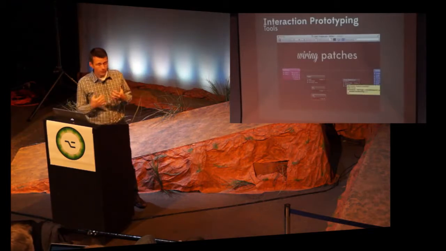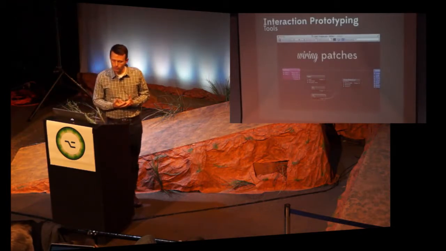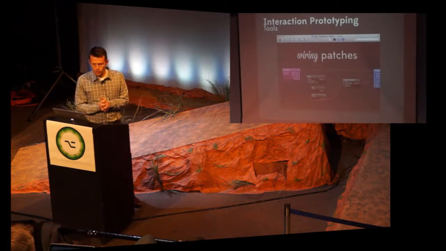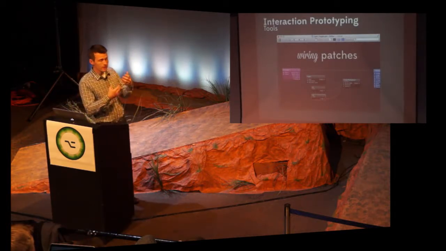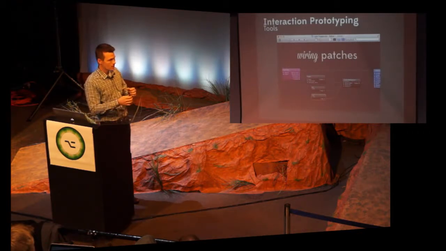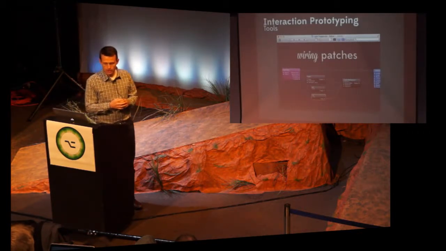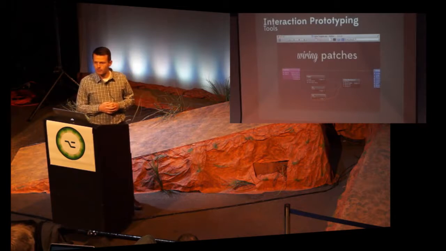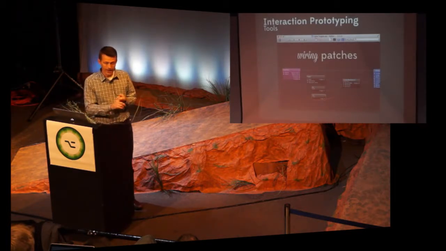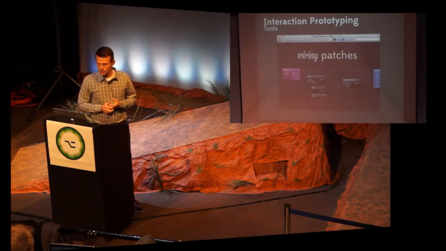So if you've never seen Quartz Composer before, it's a visual design tool where you're building up compositions by wiring what are called patches together. And patches are individual components that perform some very specific piece of logic. That could be things like capturing input from the mouse or keyboard. It could be rendering images to the screen.